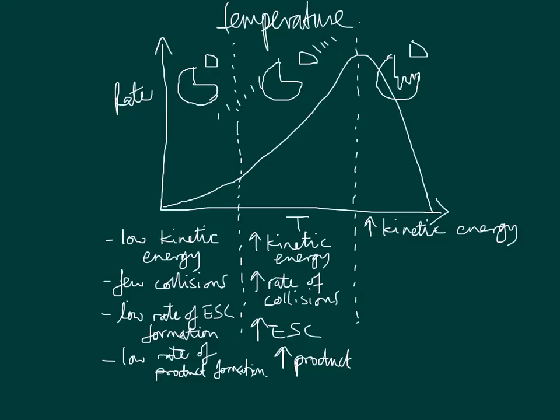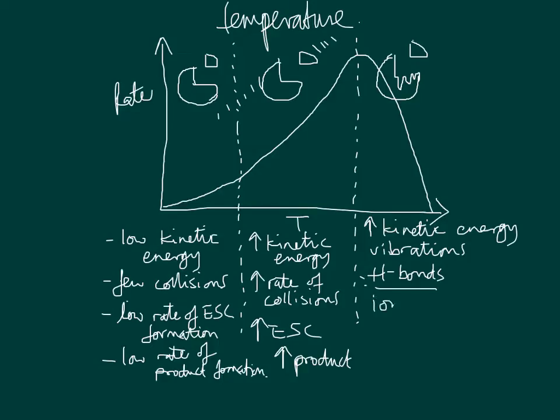So an increase in kinetic energy causes an increase in vibrations, and these vibrations break bonds which are responsible for the tertiary structure of the enzyme. Which bonds are we talking about here? Hydrogen bonds. They can break due to high kinetic energy.